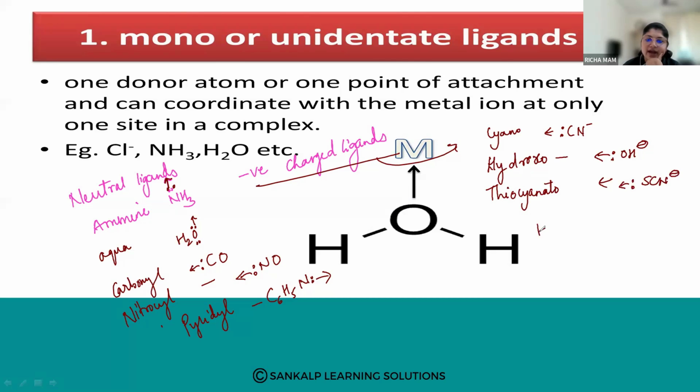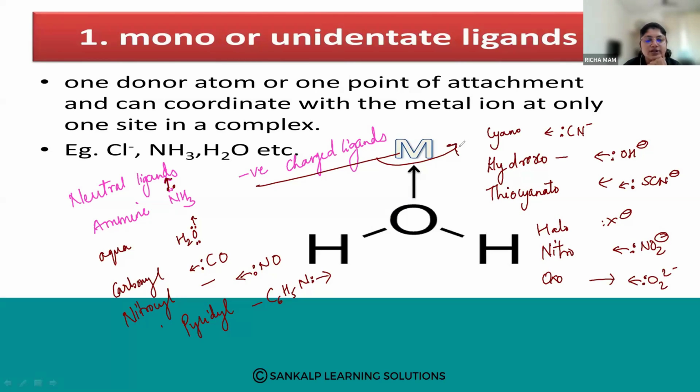Then halo, X minus. Then nitro, NO2 minus, and oxo, O2 2 minus. These are the examples of monodentate ligands.